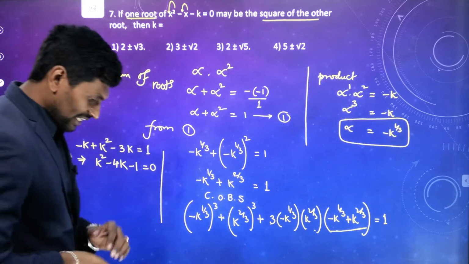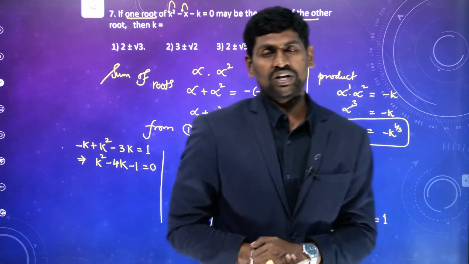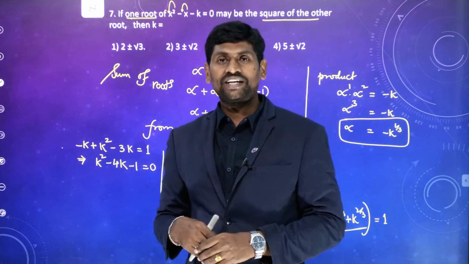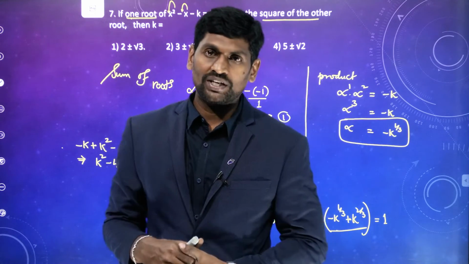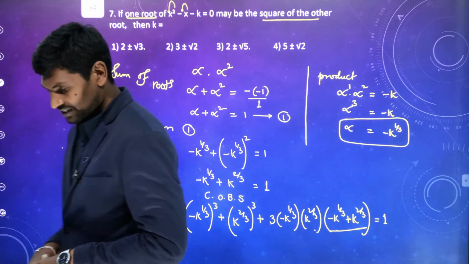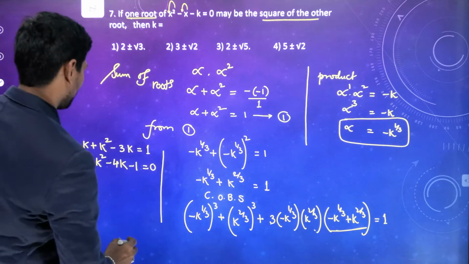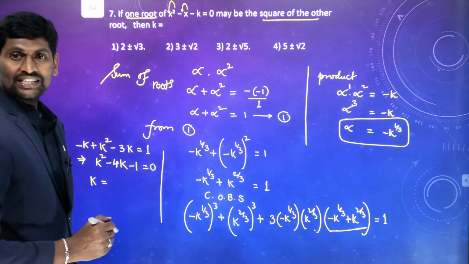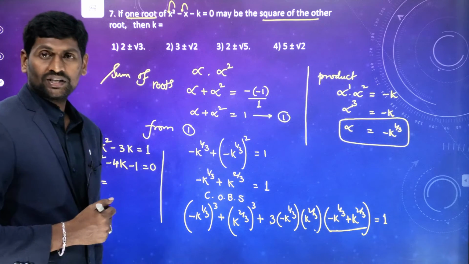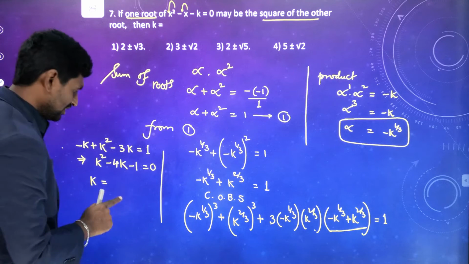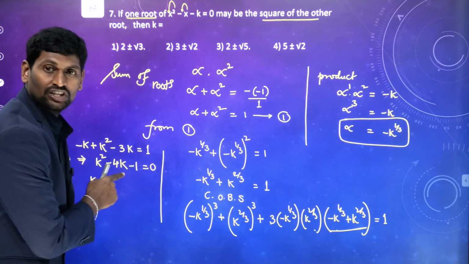Now it is also looking like a quadratic equation. Then we can apply the formula to find the roots. K is equals to minus b plus or minus square root of b square minus 4ac by 2a. Okay? Same way I am writing here. So k is equals to, directly I am writing, minus b plus or minus square root of b square minus 4ac by 2a formula. Minus b: so we have minus symbol, here b is also minus 4.